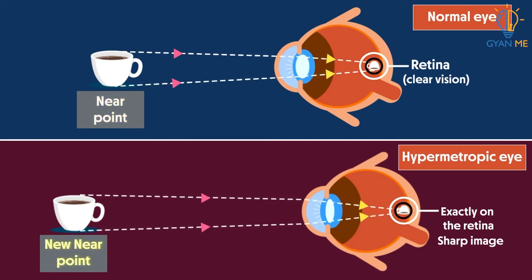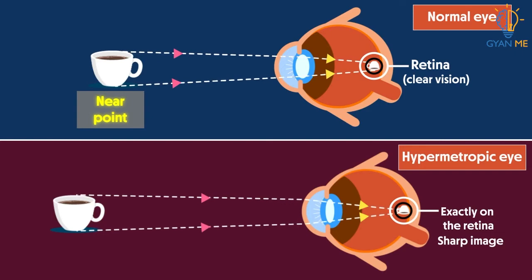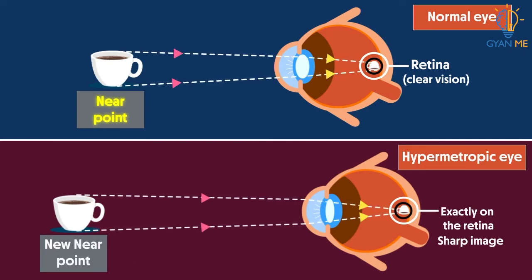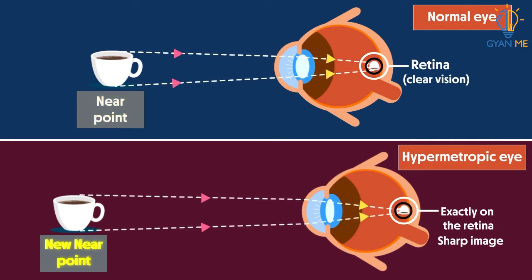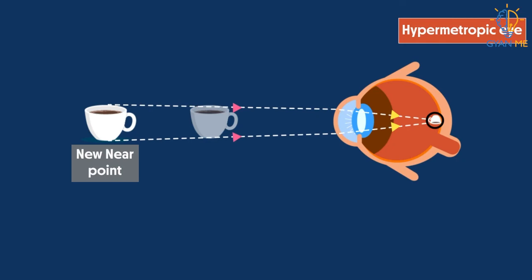Thus, we can say that this point is now the new near point of this hypermetropic person. In other words, for such people, the far point remains the same, that is, at an infinite distance. But the near point shifts away from its place to some greater distance rather than being 25 cm.